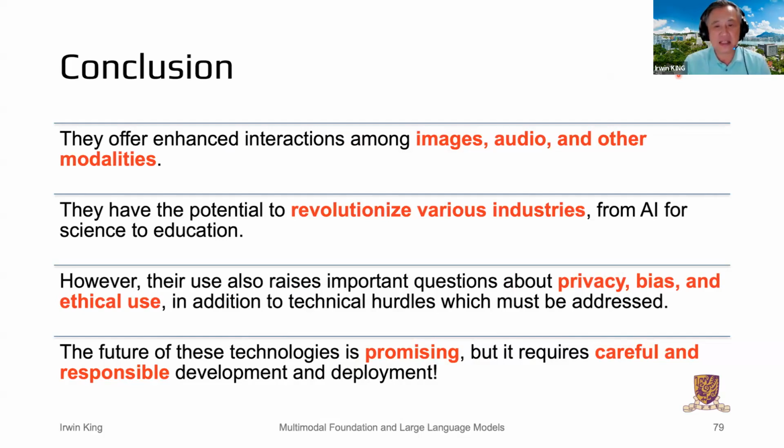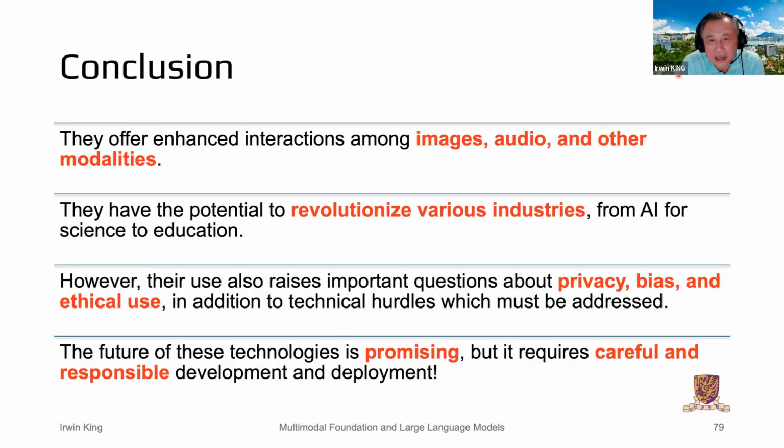This really has the potential to revolutionize healthcare and science and many other things. However, as we build this, we need to be very mindful about privacy, fairness, and ethical use, and so on and so forth. So when we build these systems, we need to have these things in mind.